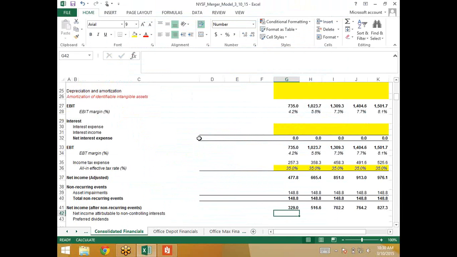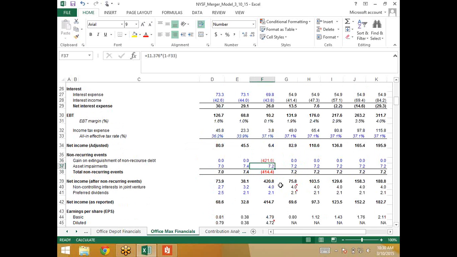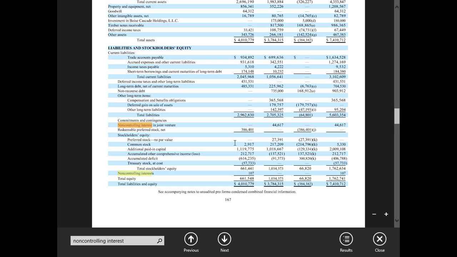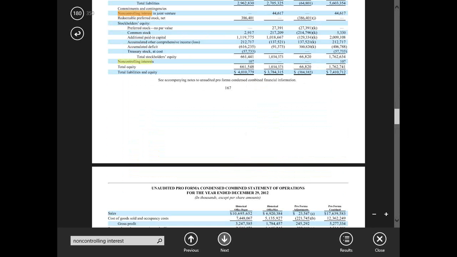So, first of all, Office Depot has no non-controlling interests. It's just the target company, Office Max. They have 4 in non-controlling interests. So first of all, it's really small. It's really not going to make a difference. But just to be accurate, this is where I pulled it up. I guess this is it.